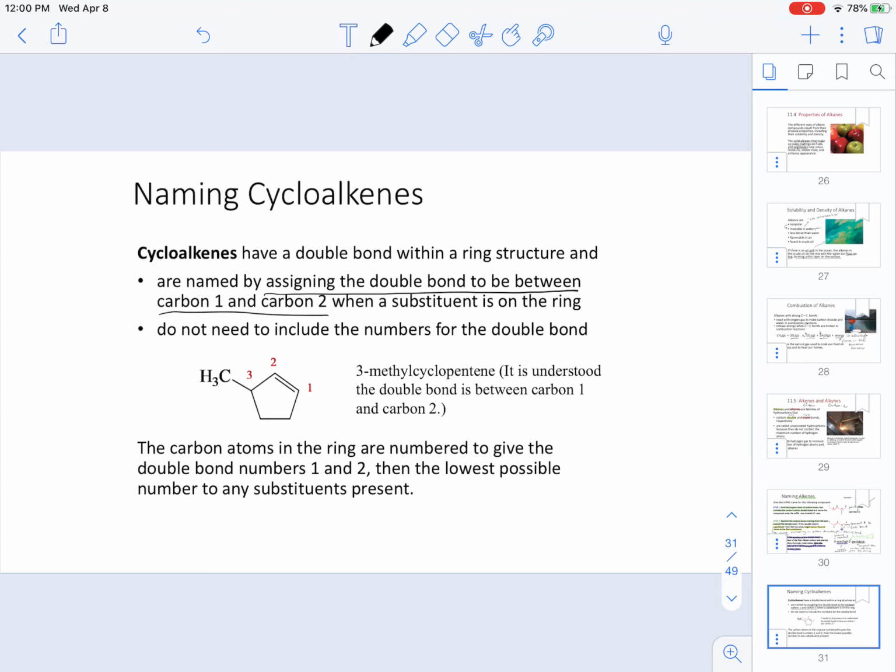If we only have one substituent, understand that you need to give the location for the substituent, but you do not need to include the location of the carbon-carbon double bond in the cyclic system, because it is always assumed that it is between 1 and 2.